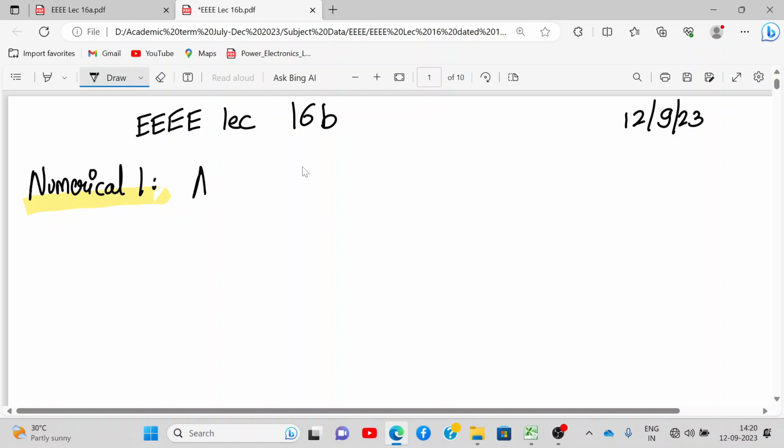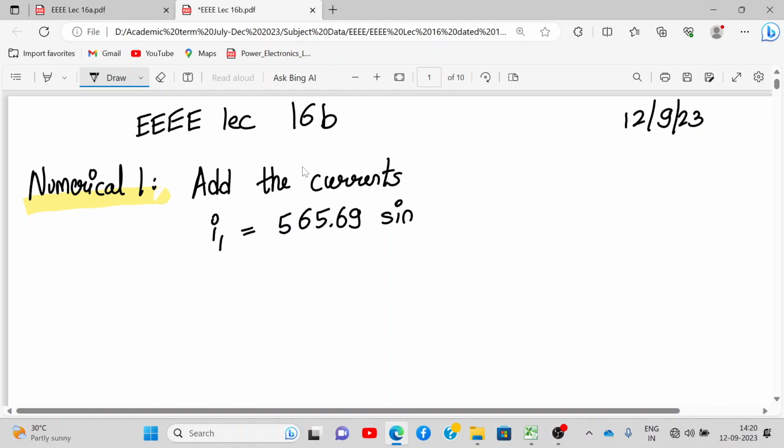Add the currents. So add the currents. I1 is given by 565.69 sine of omega t plus 200 degrees, and unit is amperes.